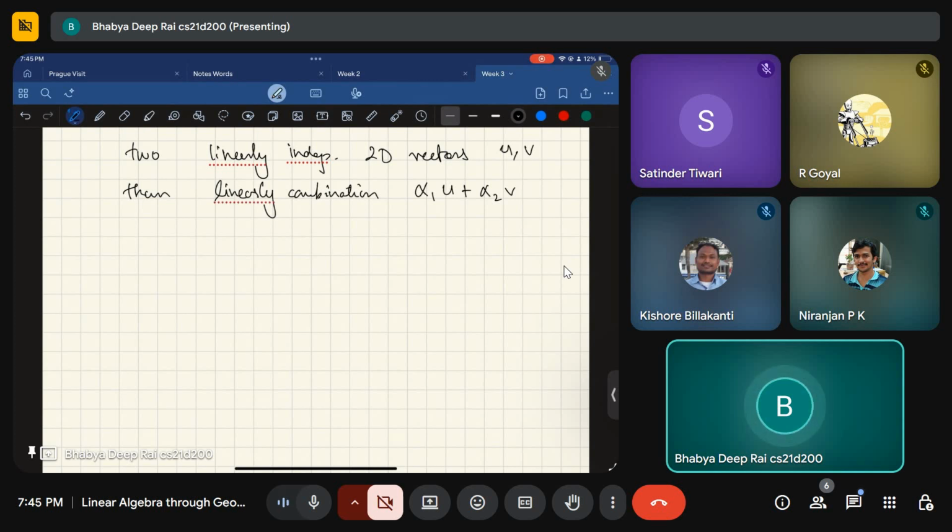I can always find a linear combination such that alpha 1 u plus alpha 2 v is w for any w.